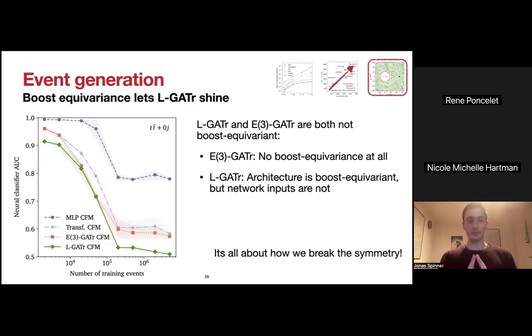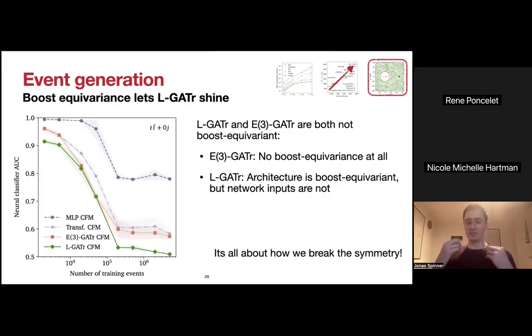This is very interesting because it essentially means that it's the boost equivariance that gives us the performance, not the rotation equivariance. But if you recall, the boost equivariance was actually broken in the L-GATr model. Or more exactly, the L-GATr architecture is boost equivariant, but the network inputs are not, because of these reference multivectors. Whereas in the E3 GATr, there's no boost equivariance at all.